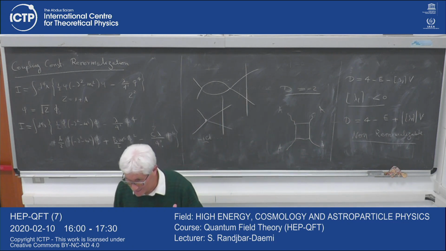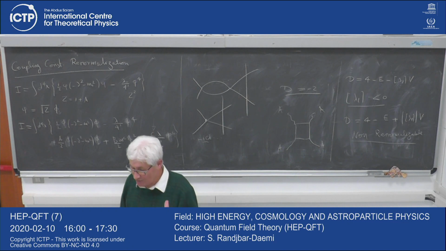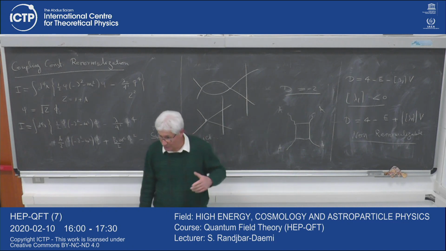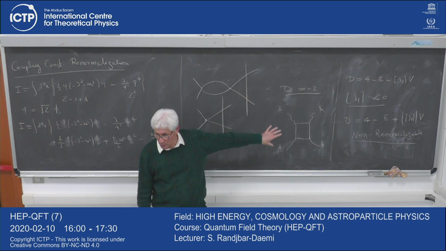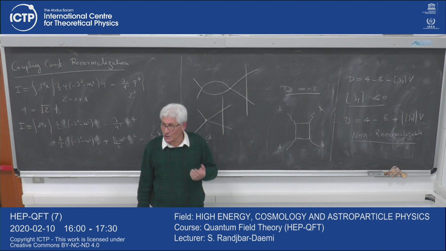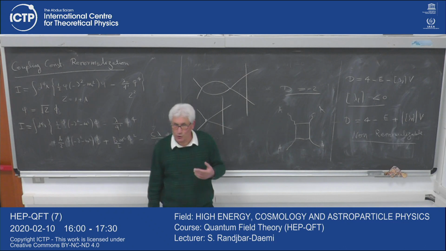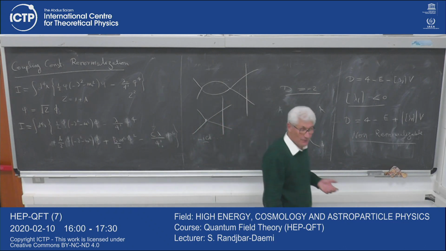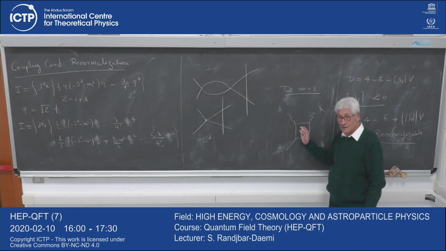There are 4 A lines, and if each F has one A line in it, therefore it would go like F mu nu to the power 4. What's the dimension of this object? F mu nu squared has dimension 4. Therefore, this would have dimension 8. So to go into the action, the coefficient in front of it should have mass dimension minus 4.